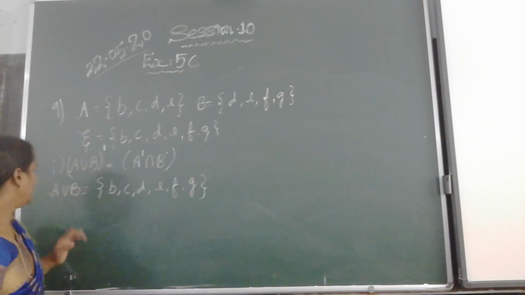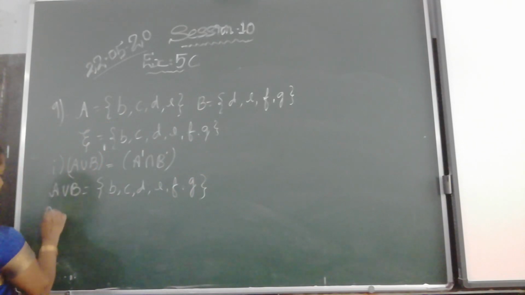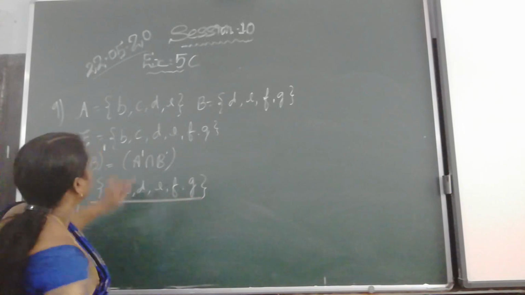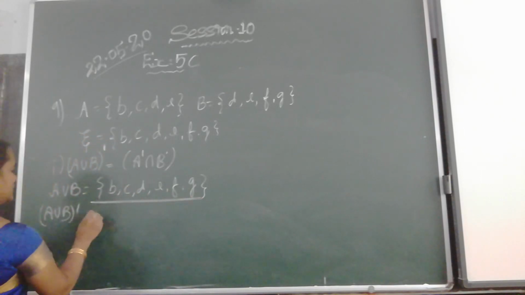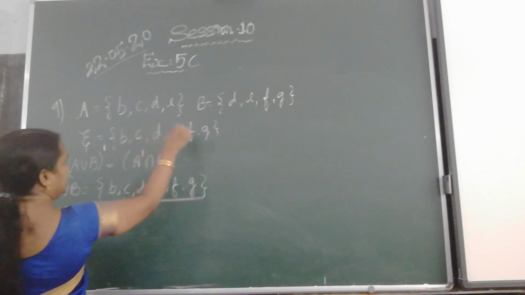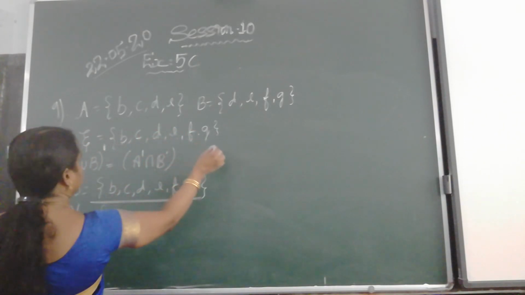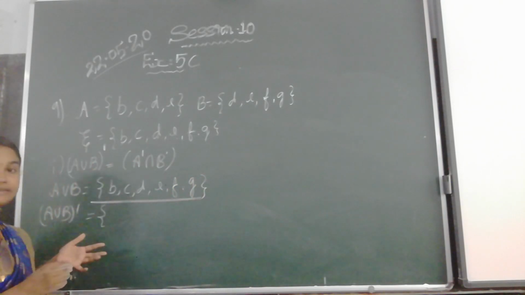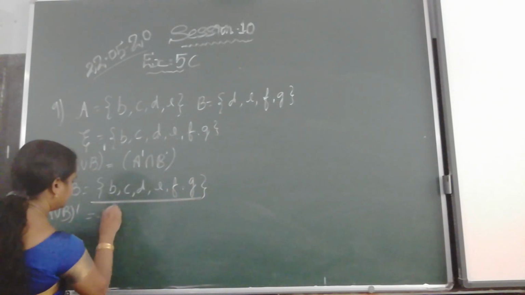Now they told A union B complement, which means this and the universal set we have to compare. Which is there: B, C, D, E, F, G. Nothing is left, no? Nothing left means this is empty.